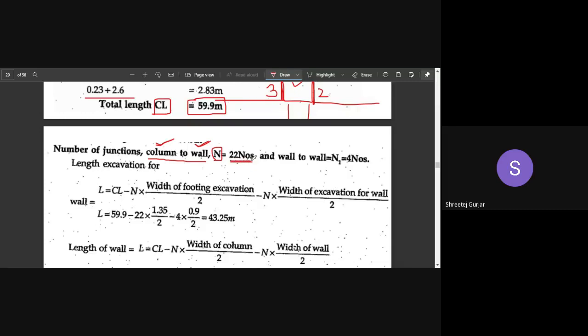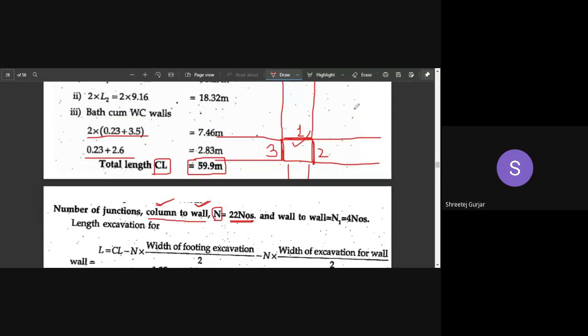If you have any doubts, you can let me know, or else we will move on to the next junction. So this is important, the calculation of your column to wall junctions. Okay, so moving on to the next, wall to wall junctions. The same thing which we have done in the previous numericals, we have to look for T junctions.